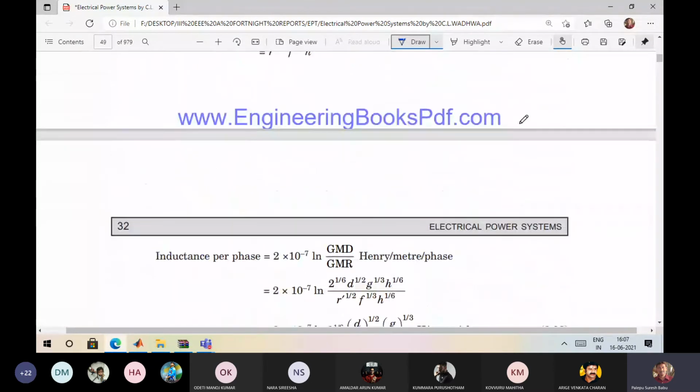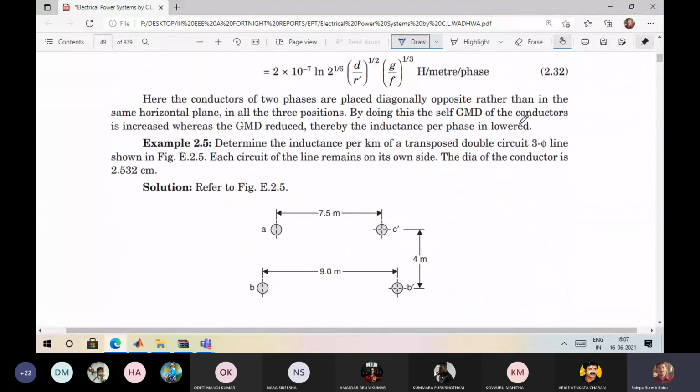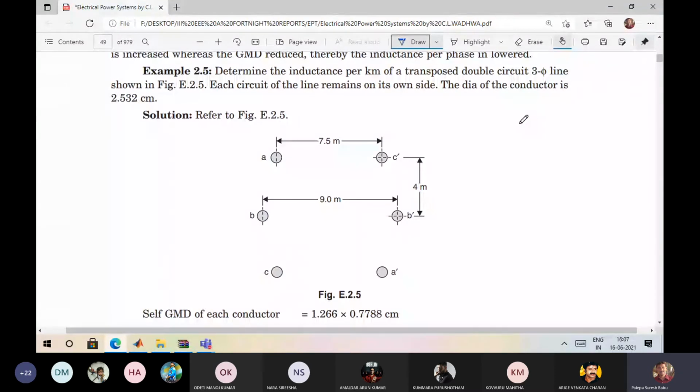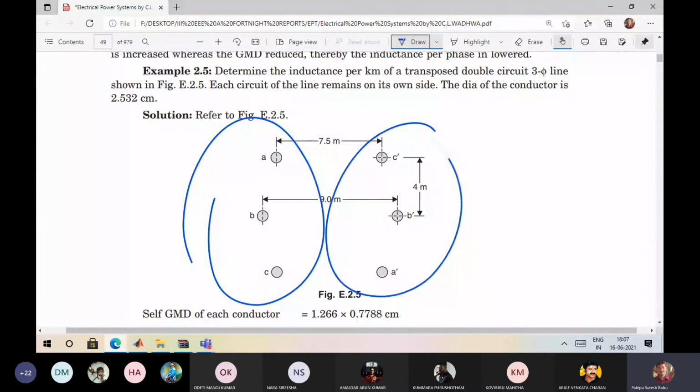You can get the double circuit line problems here. In a double circuit line, you can observe this is one circuit and this is another circuit. Two three-phase circuits are used to transmit electric power from one station to another station, so that is called a double circuit line.